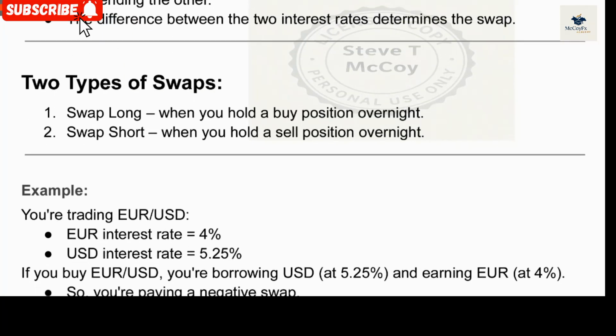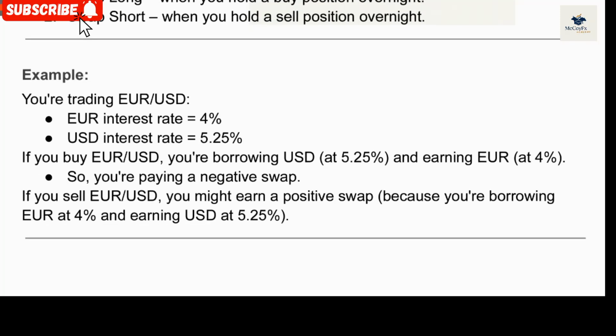Two types of swap. One, we have swap long, when you hold a buy position overnight. Two, we have swap short, when you hold a sell position overnight. For example, you are trading Euro USD. Euro interest rate is 4%. USD interest rate is 5.25%.